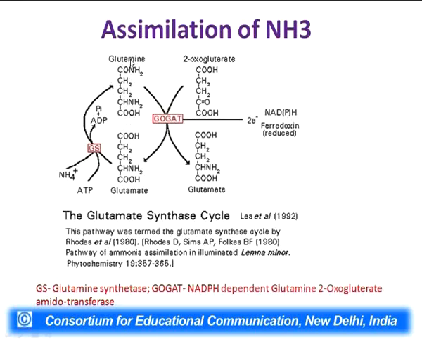This glutamine is mostly the first assimilated nitrogen in plants. When this glutamine is made, it can react with another alpha ketoglutarate and form 2 molecules of glutamate. This cycle is referred to as the GS-GOGAT cycle: glutamine synthetase, glutamine oxoglutarate aminotransferase, glutamate. This is how the cycle continues.